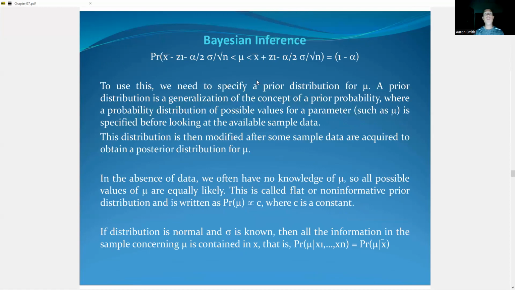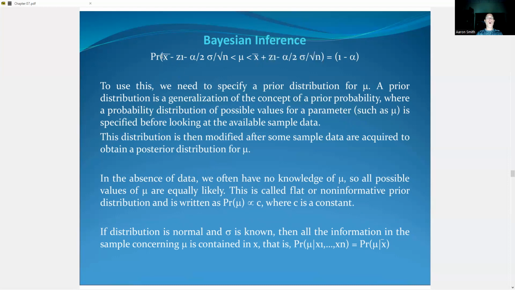All right, so it's a Bayesian inference. So the probability that I'm going to get a random value from a normal distribution times sigma divided by square root n, then subtract that from x bar, and then x bar plus my z times sigma divided by square root n.